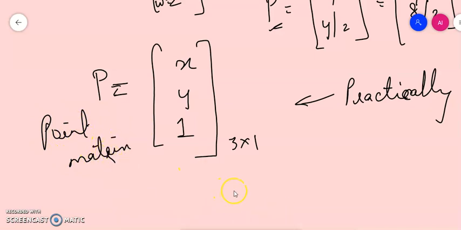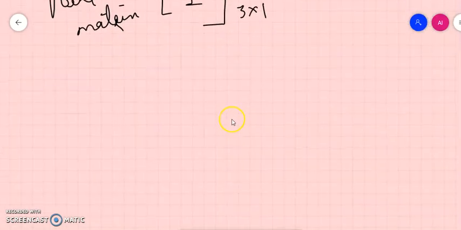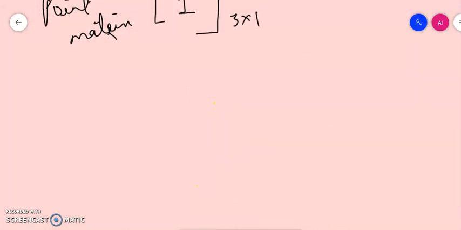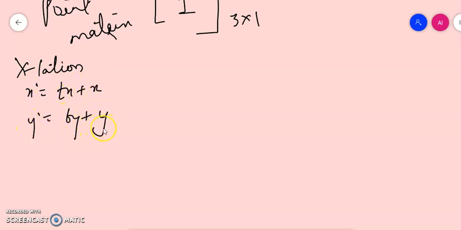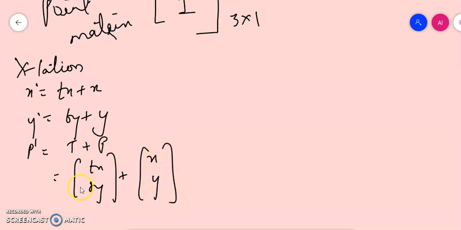Now we see what is the impact of my point matrix on the transformation matrices that I have. So we start with translation, right? My translation says x dash is equal to tx plus x, and y dash is equal to ty plus y. Currently I am writing it as P dash is equal to T plus P, that is tx, ty plus my point matrix x, y gives me x dash, y dash.